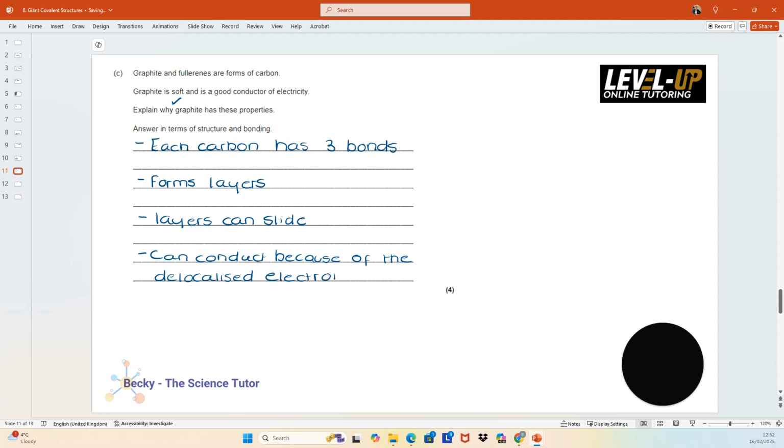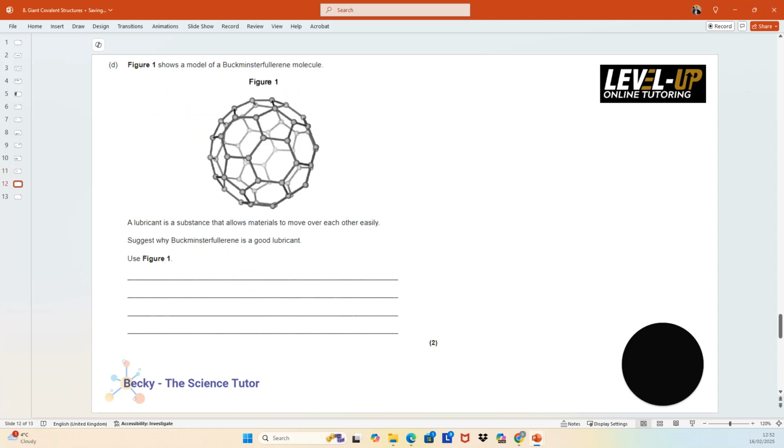Okay, I've put you in an example of the Buckminster fullerenes just so that you've got an example and you've seen it in an exam context. So a lubricant is a substance that allows materials to move over each other easily. Suggest why Buckminster fullerene is a good lubricant. So this is the idea around that the molecules are spherical.